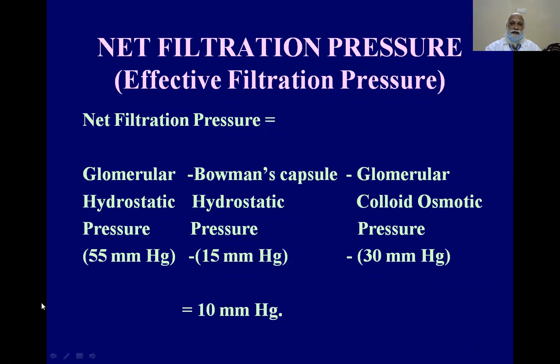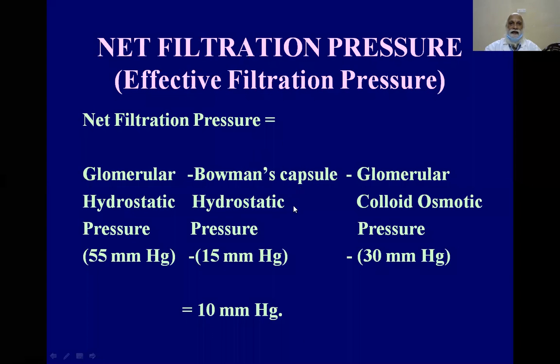Pluses and minuses all sorted out, and ultimately you have about 10 millimeters of net pressure. This is causing filtration from the capillary to the Bowman's capsular side. This is the pressure that is finally driving the filtrate into the Bowman's capsular space.